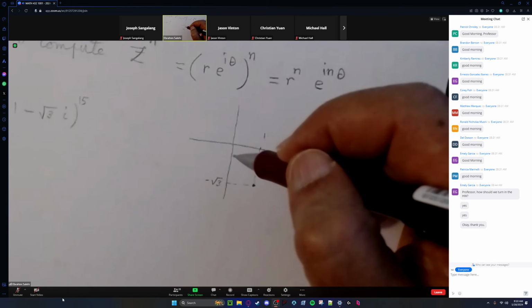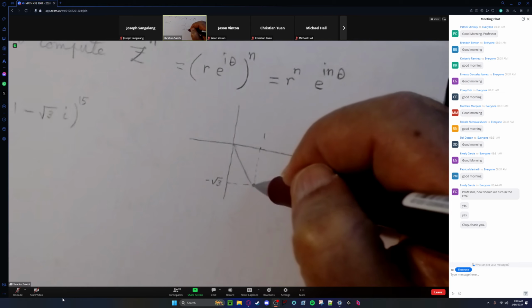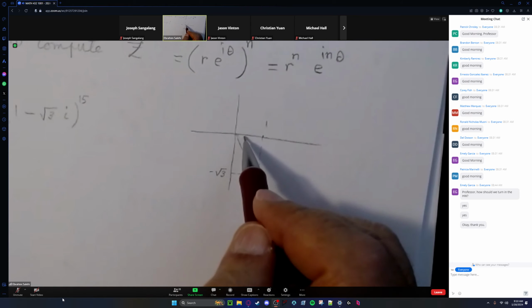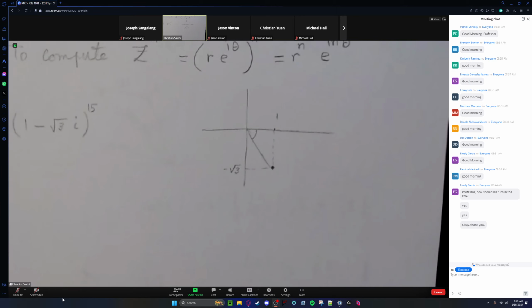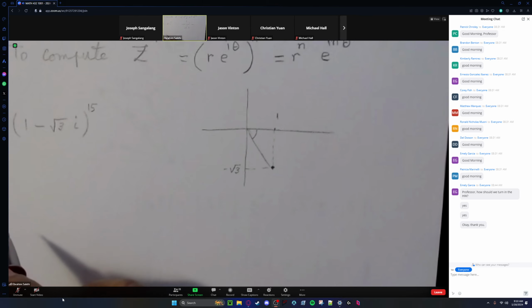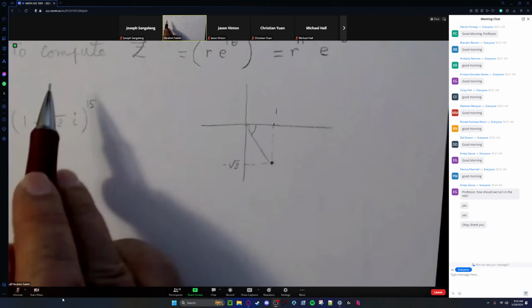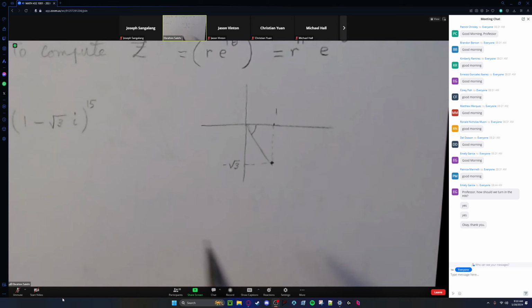So the argument here, that theta, is this one. So the usual principal argument, if you find one argument that's good enough, whenever you want to raise to some power, one argument is enough.